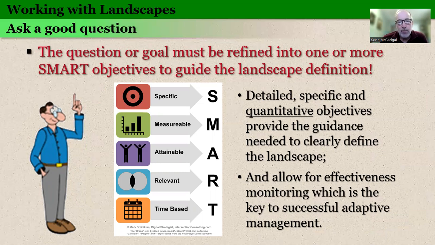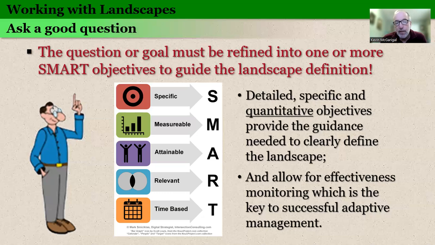The SMART acronym refers to objectives that are specific, measurable, attainable, relevant, and time-based. And a SMART objective allows us to create a detailed, specific, and quantitative objective that provides the necessary guidance to clearly define the landscape in the next step of the process.